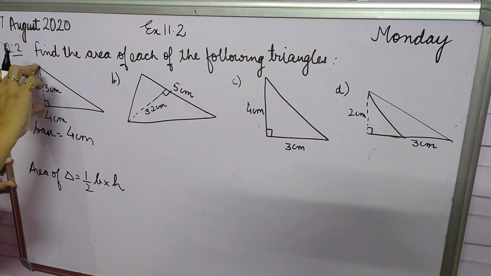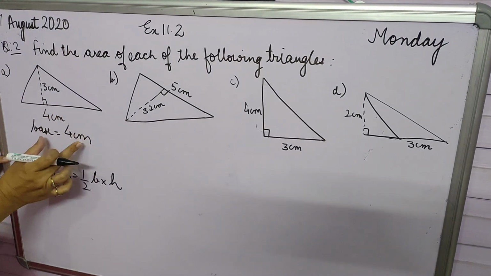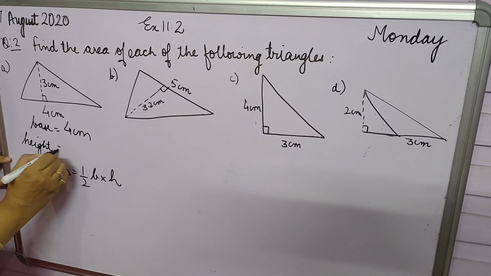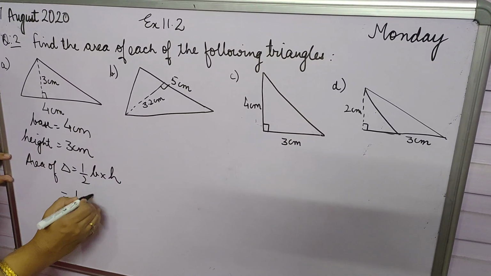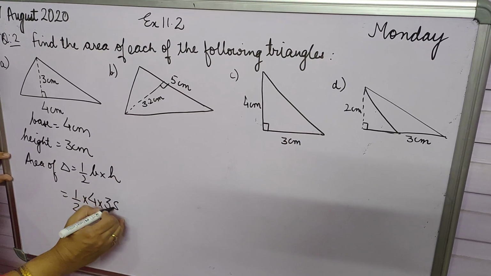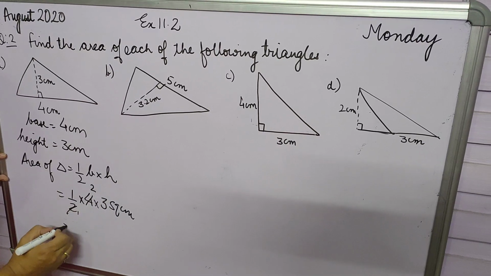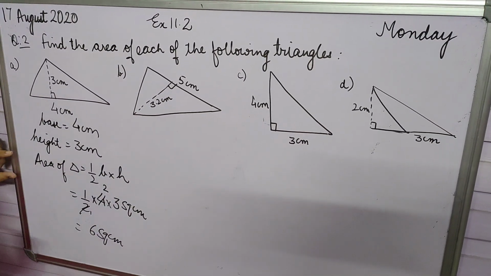Again the height is to be considered as the altitude on that side which you are taking as base. So how much is height here? Yes, it is 3 centimeter. Now it is half into 4 into 3 square centimeter. Let us cancel this by 2. So it comes out to be 6 square centimeter.